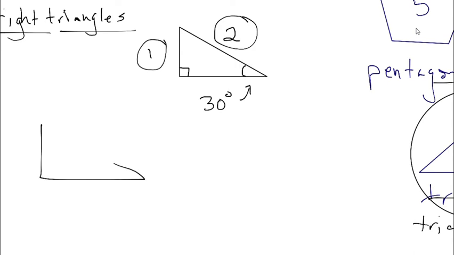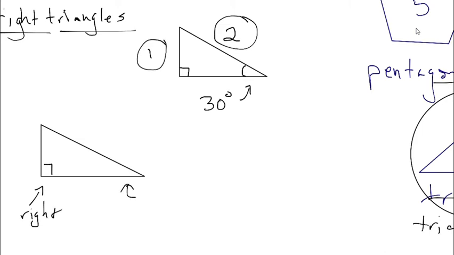And so we're going to study special characteristics of right triangles. And I'm going to tell you that a right triangle, of course, has one right angle, and it has two acute angles.